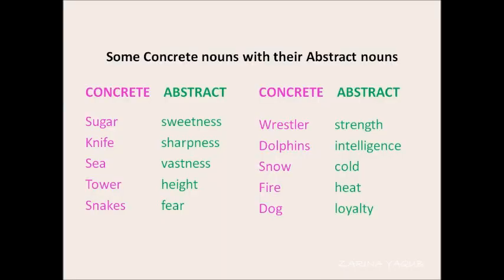Let's read together some concrete nouns with their abstract nouns. Sugar, sweetness, knife, sharpness, sea, vastness, tower, height, snake, fear, wrestler, strength, dolphin, intelligence, snow, cold, fire, heat, dog, loyalty.